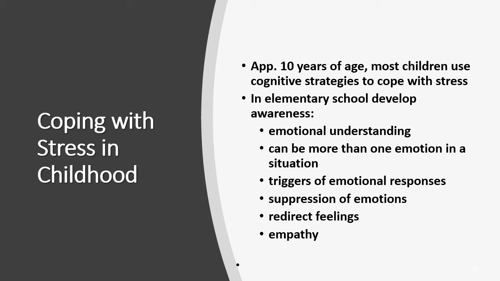Another thing is that children start to understand that people can have more than one emotion at the same time, for example, excited and nervous at the same time. That you can have both joy and anxiety at the same time. There's an increased tendency to be aware of the events leading to emotional reactions.